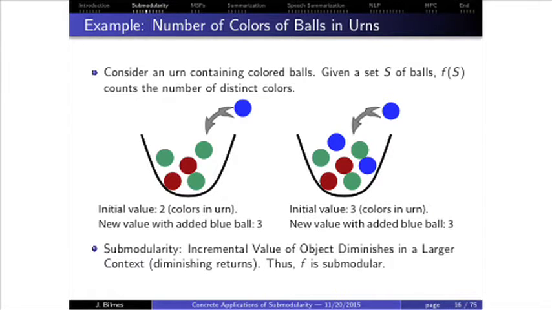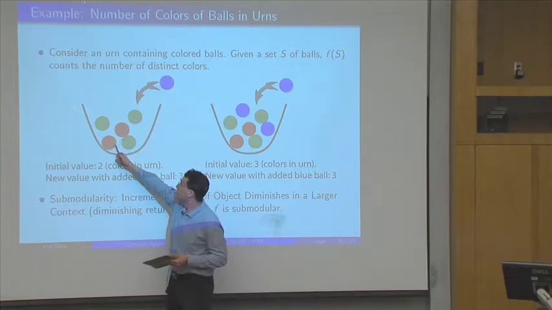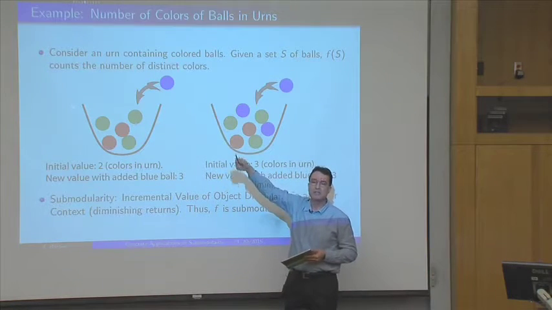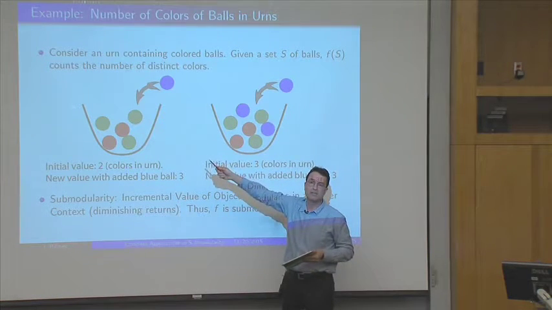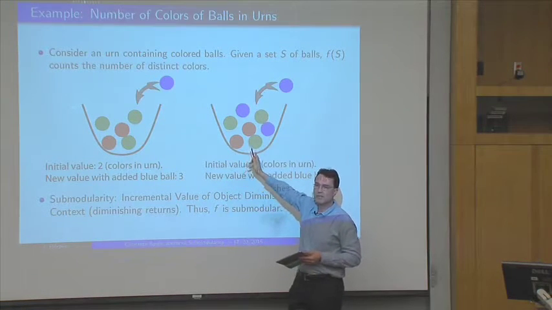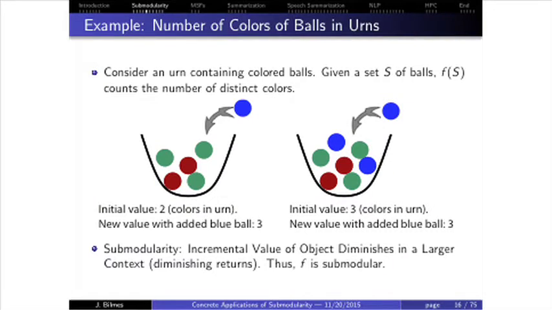The value of an urn is basically the number of distinct colors of balls in the urn. On the left-hand side, we've got an urn that starts out with value 2, because there are 2 colors in this urn, red and green. If you throw in another blue ball, you're increasing the value by 1 because you're increasing the diversity, the number of different colors of balls in that urn. Whereas on the right-hand side, the value starts out with 3, and there's already a blue ball in the urn.